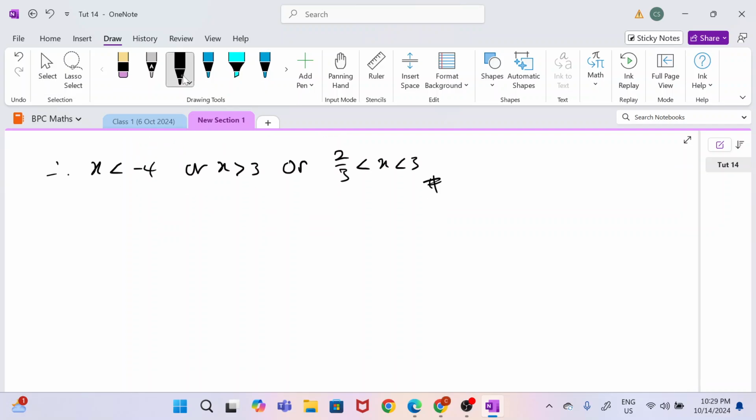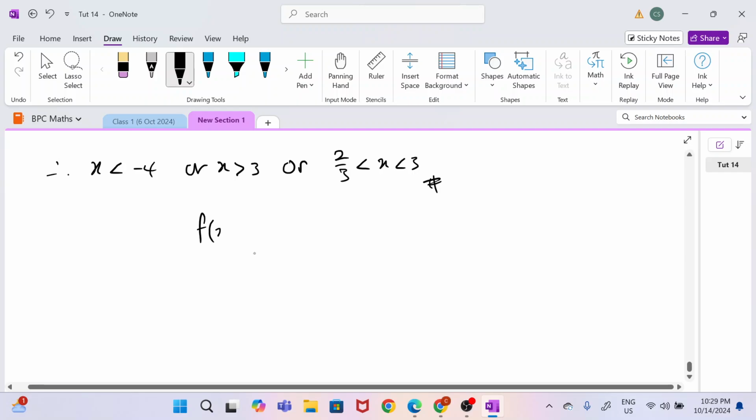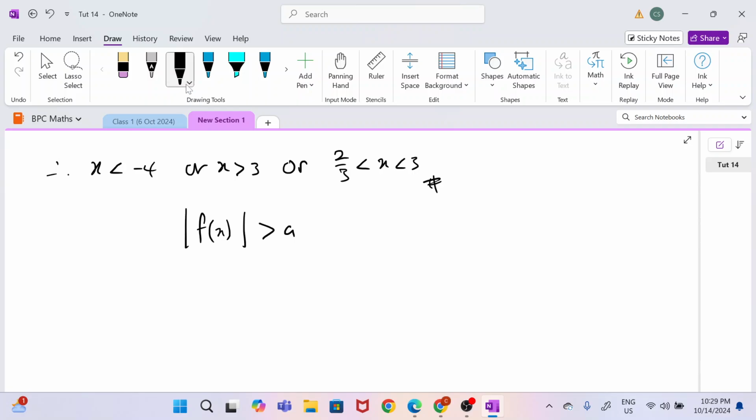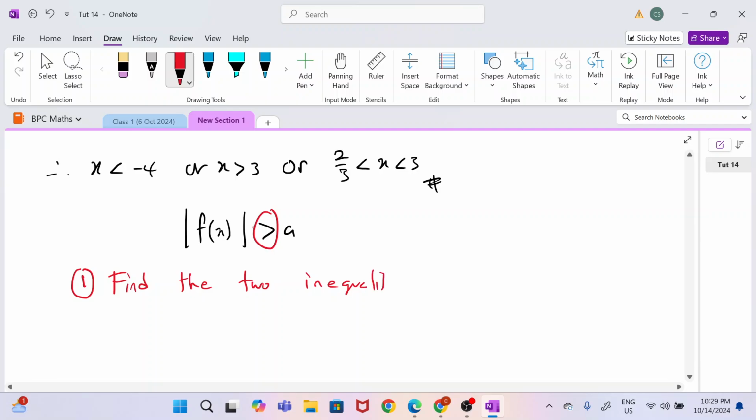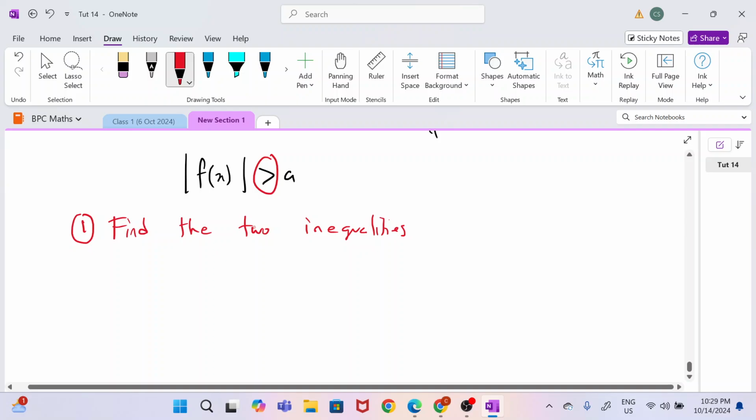So to summarize, we are dealing with greater than any number. First, find the two inequalities. One is f(x) greater than a, or f(x) less than negative a.